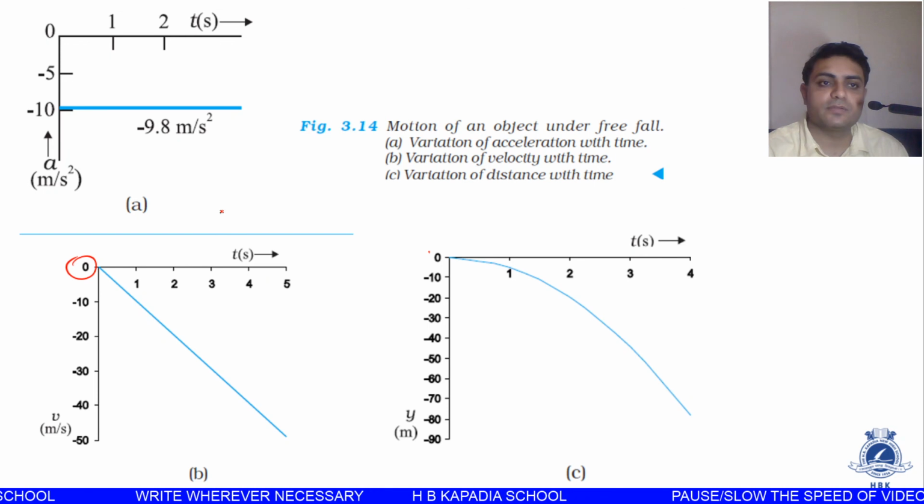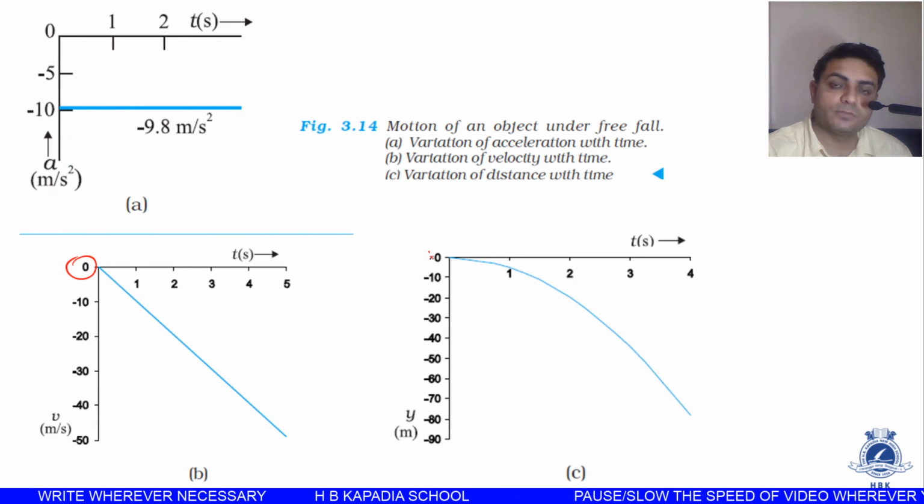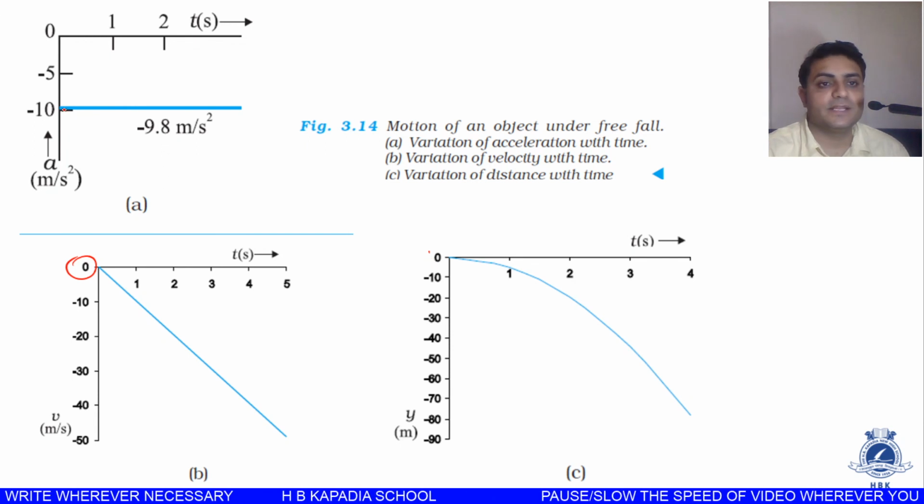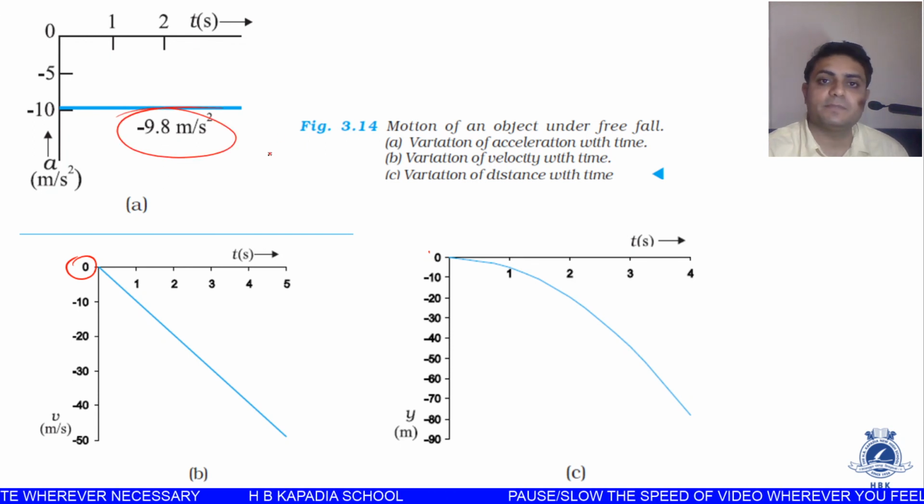Over here also its velocity is 0, but acceleration of course is not 0, because acceleration is acceleration due to gravity, and throughout the motion the acceleration will remain the same, 9.8 meter per second square. As the object is moving in the downward direction, acceleration is considered to be negative, so it is written negative because the object is moving in the downward direction.